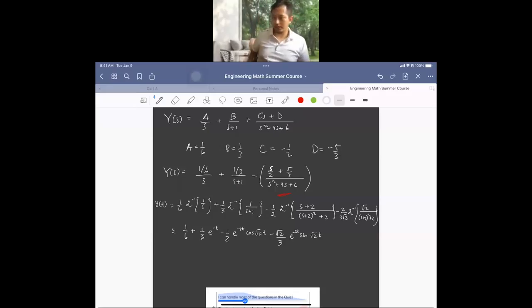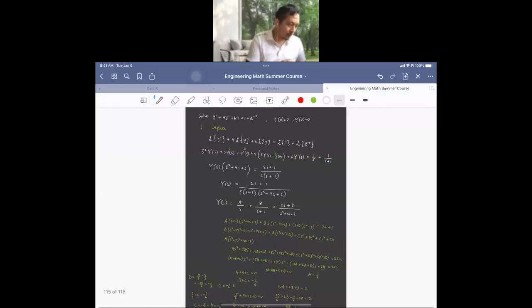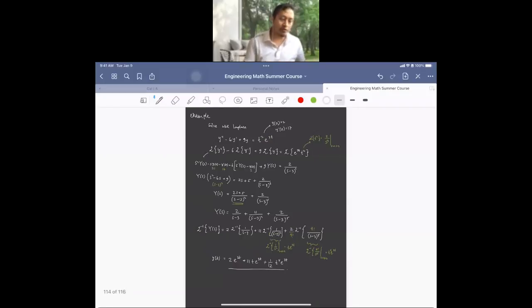Okay, we continue our lecture on the Laplace transformation. As we discussed before, we have some examples of how to use Laplace, and we also discussed how Laplace can be shifted or translated.